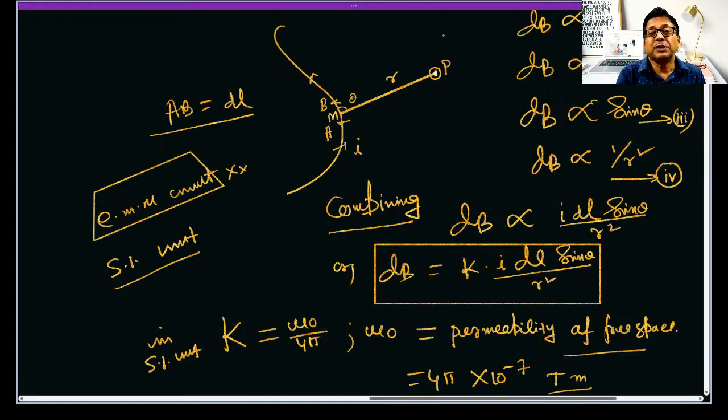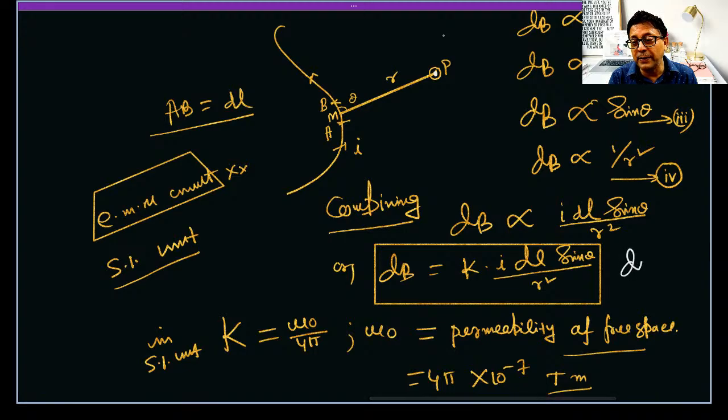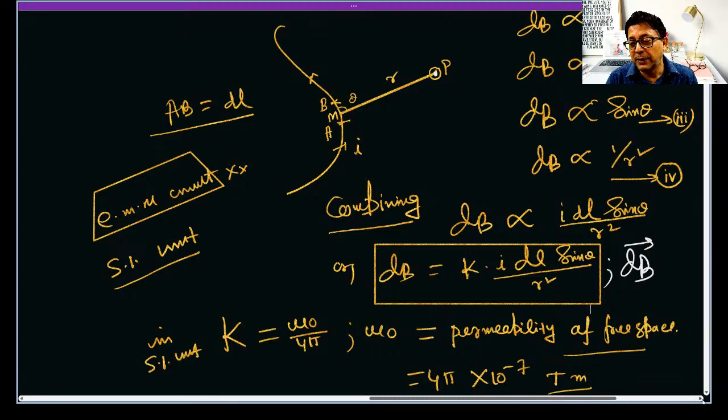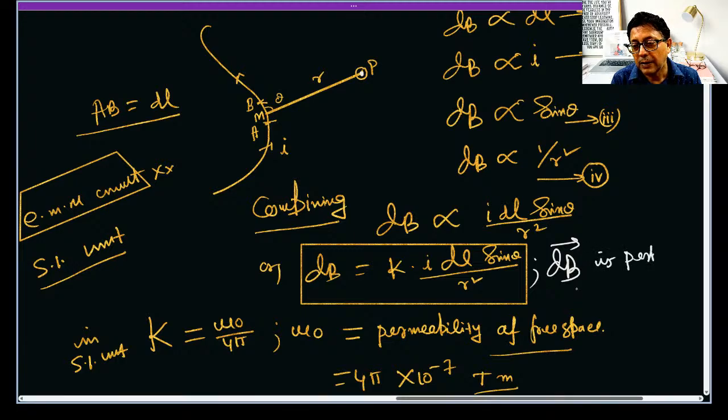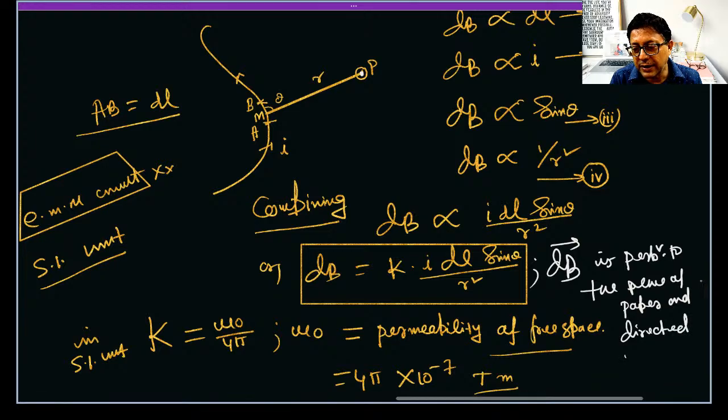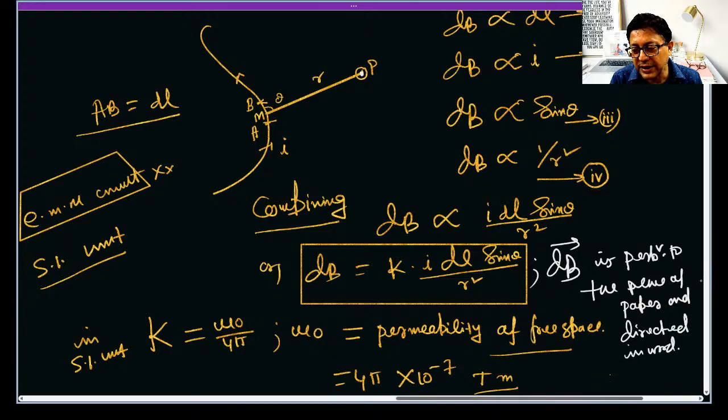So this dB is perpendicular to the plane of paper and directed inward. dB vector is perpendicular to the plane of paper and directed inward, not outward.